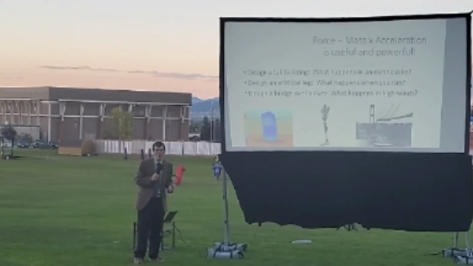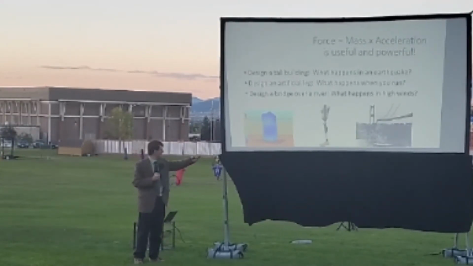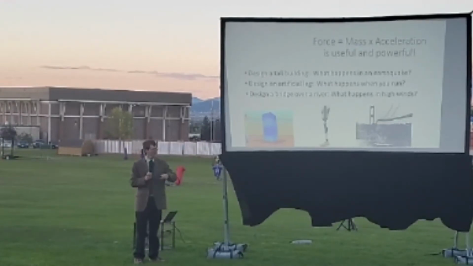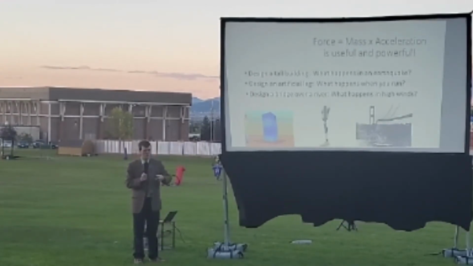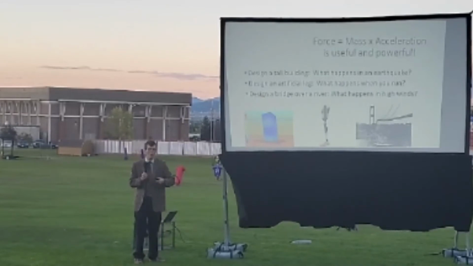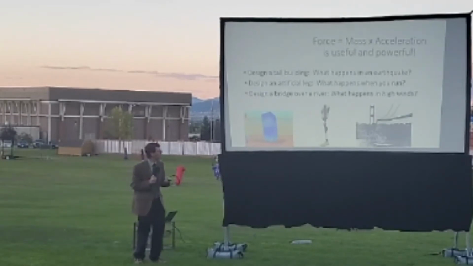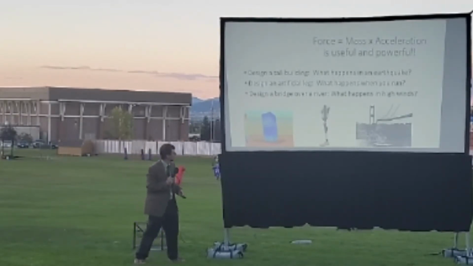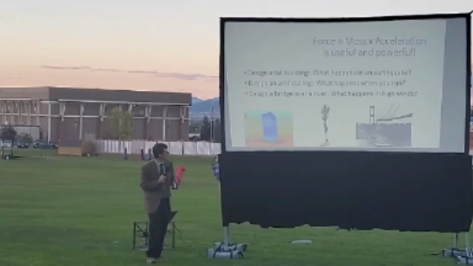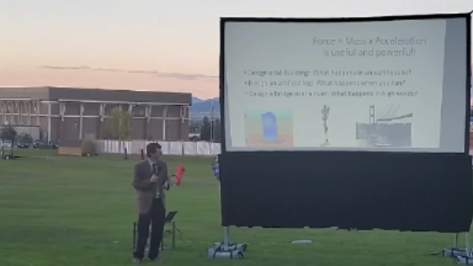Suppose I want to design an artificial leg so that someone can run a marathon on it and not have it bend or break, and survive and do well, and see how it will respond to all those forces. We use force equals mass times acceleration to calculate how it will move in response to that. Design a bridge over a river. There's a picture of a bridge that once fell down in a river because it was not designed very well.